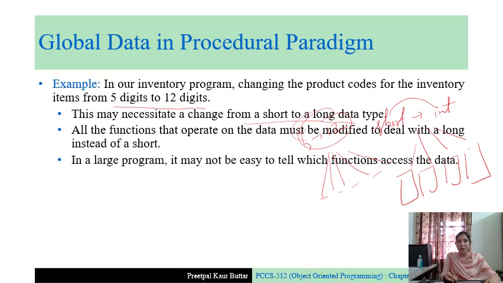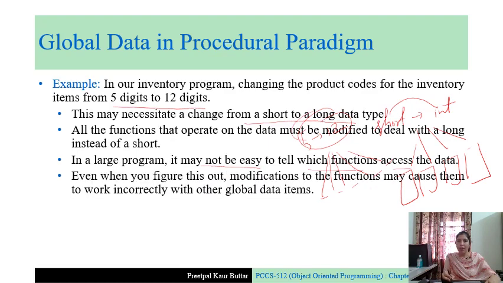In a large program it may not be easy to tell which functions are accessing which data, because there are a large number of potential connections between the data and the functions. Even if you figure out which functions are accessing which data, modifications to the functions may cause them to work incorrectly with other global data items.